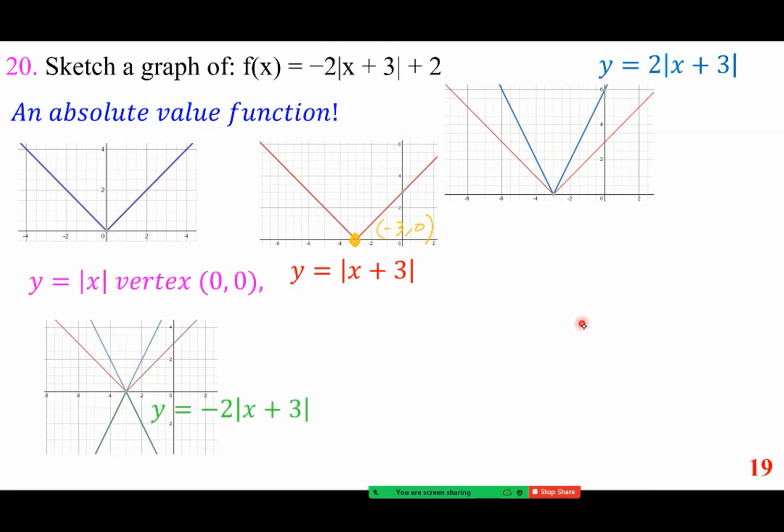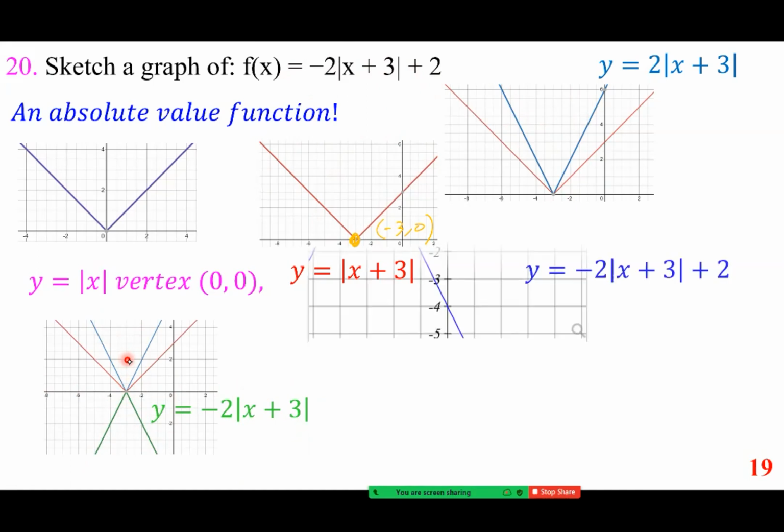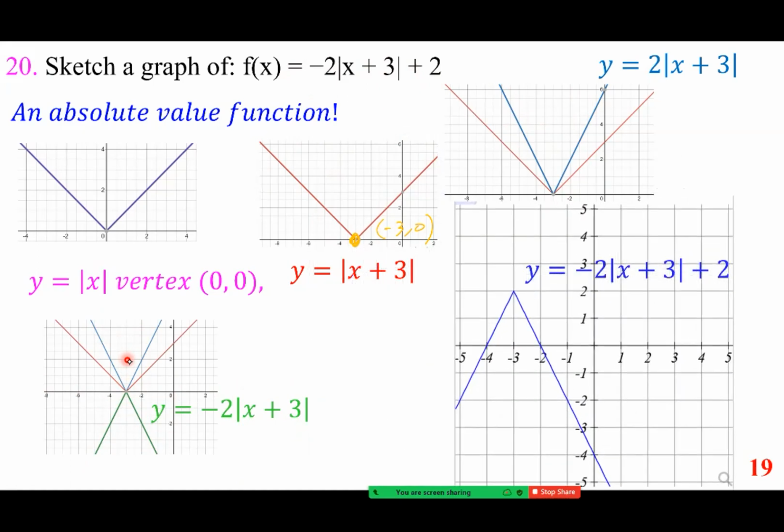Okay, it flipped over. So the blue one, now it's the green one. It flipped over with respect to the x-axis. So I'm here. I need to add 2. So I'm going to take the green one up just the way it is. So this one goes up such that the new vertex is here, and it looks like that. So the new vertex is here.